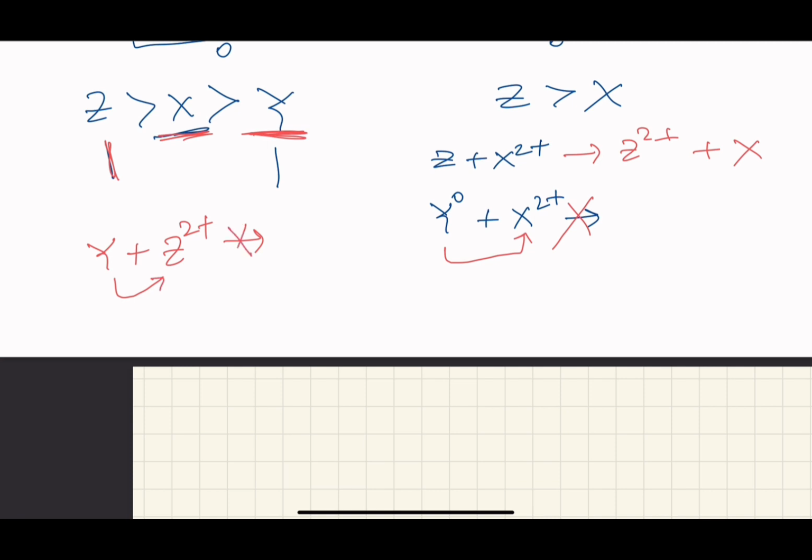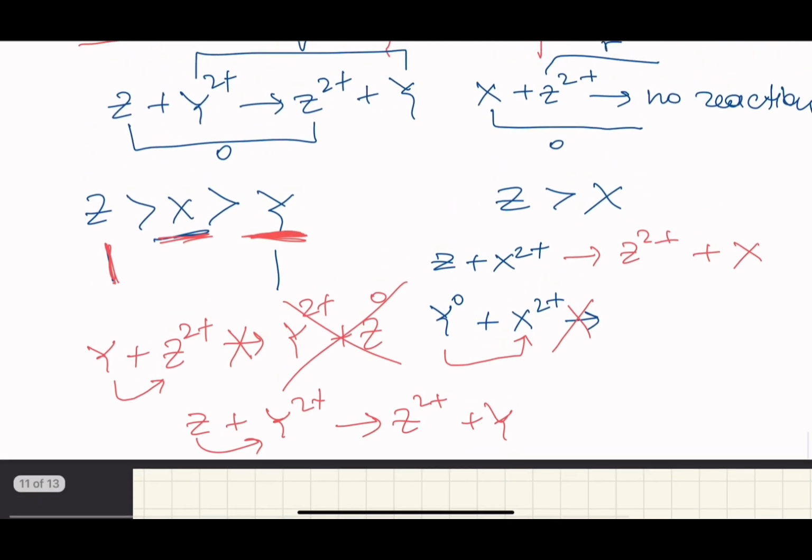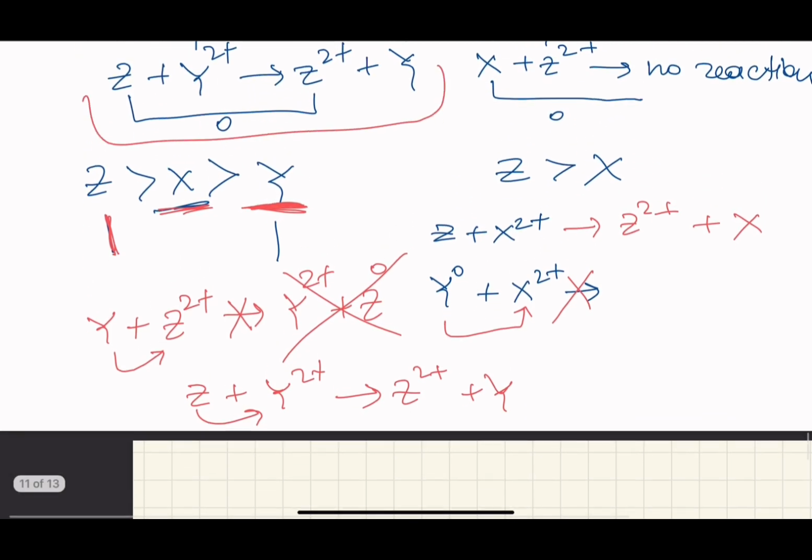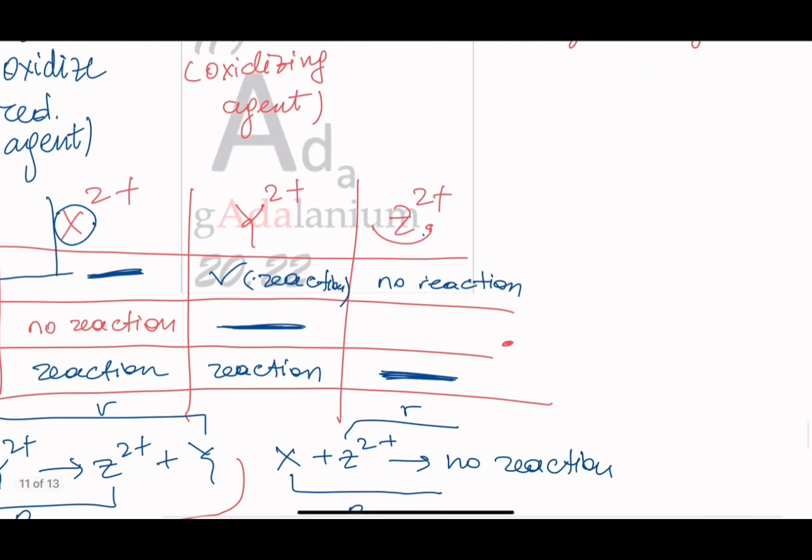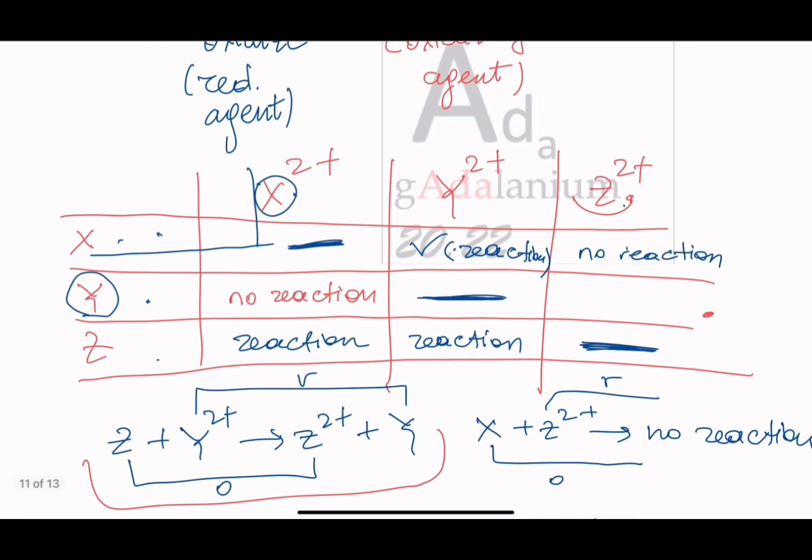Like this reaction in here, for example, Y plus 2 plus Z0 is not going to happen, because Y is less reactive than Z. But this reaction, Z with Y plus 2, will happen. Z will kick this one out, Z will oxidize and Y will reduce, as I have shown you above. Okay, so that's why for this reaction, Y with Z plus 2, there's no reaction.